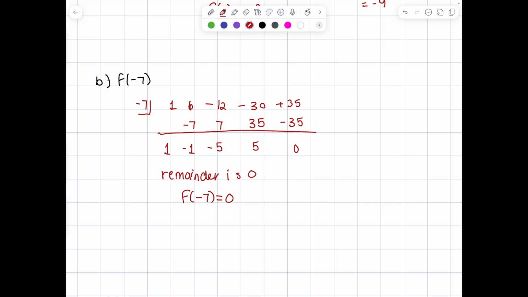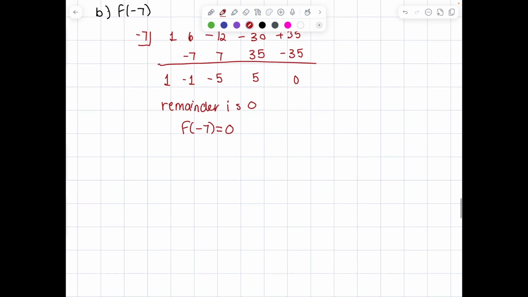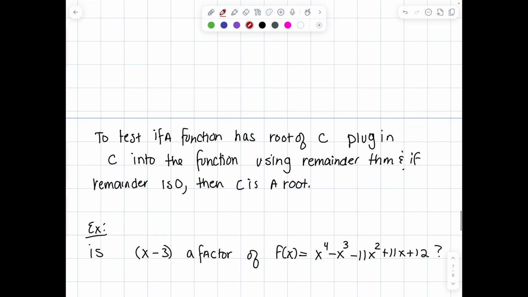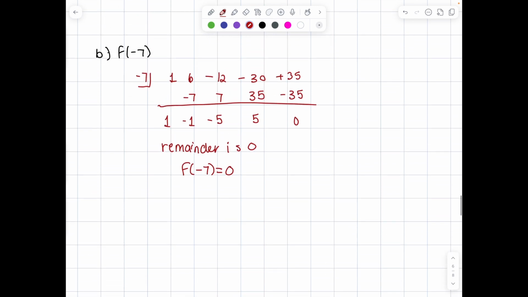And we know that when you plug in something into the function and it equals 0, isn't that the intercepts? Yeah, that is. So to test if a function has a root c, plug it into the function. If the remainder is 0, then c is a root. And so back to this example, we plugged in -7. C equals -7. We got the remainder 0. Therefore, -7 is a root.